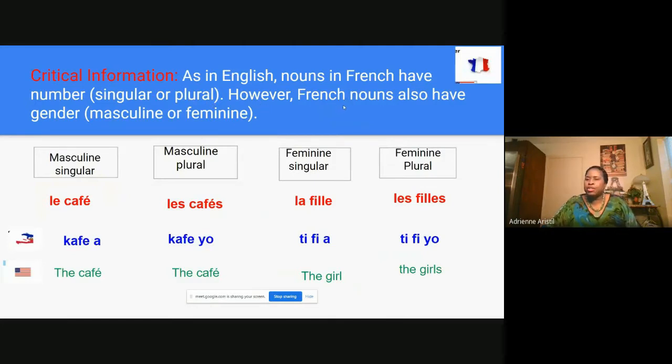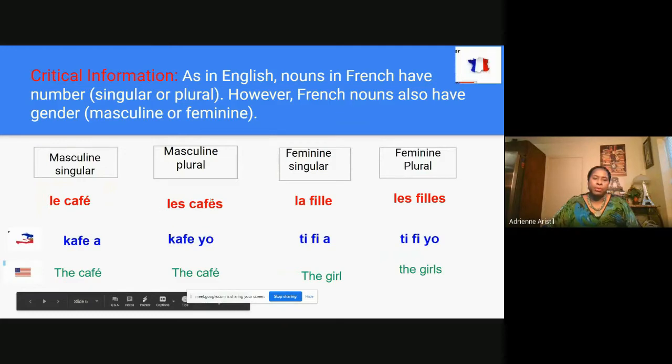However, French nouns also have gender, masculine or feminine. For example, for a masculine singular noun, you will say le café. In English, the café.